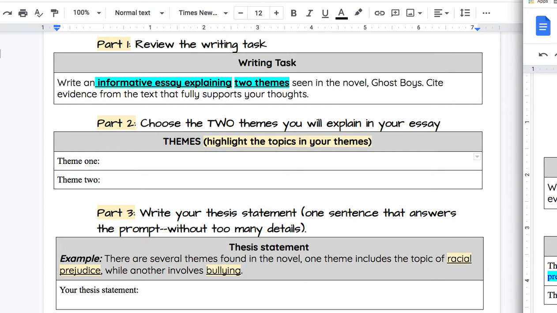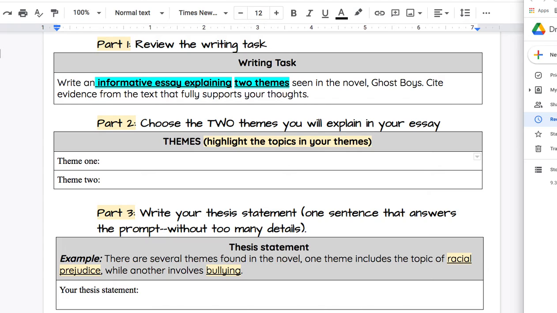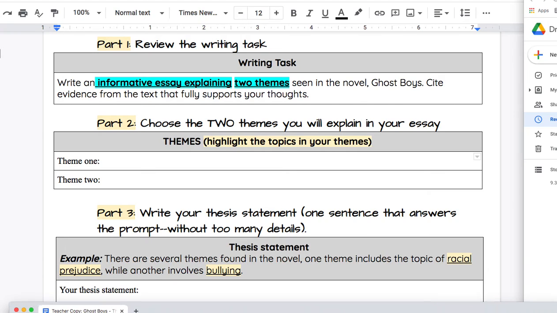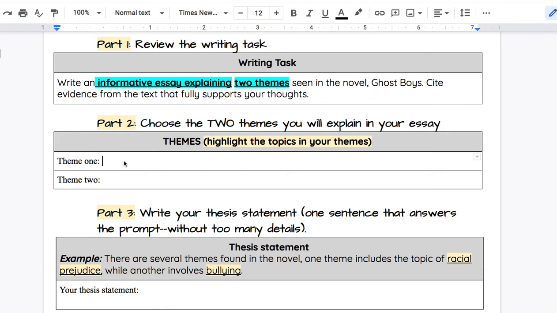Okay, the one theme that I want to include, and I'm going to type it here. Okay, so sorry guys. I hope you fast forward through that. All right, so theme one is about racial prejudice, but we all know that a theme is a statement, right?